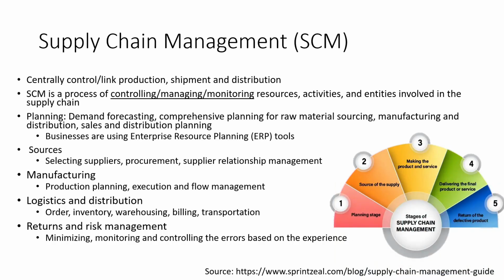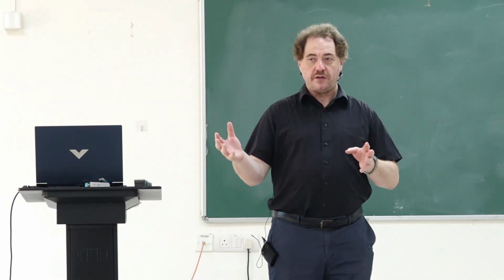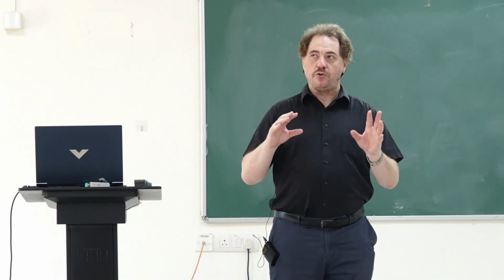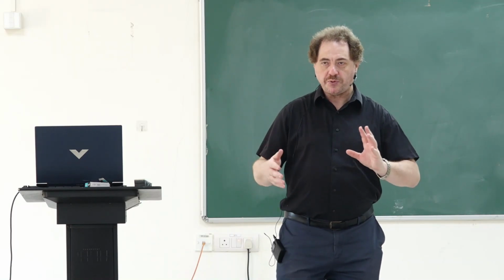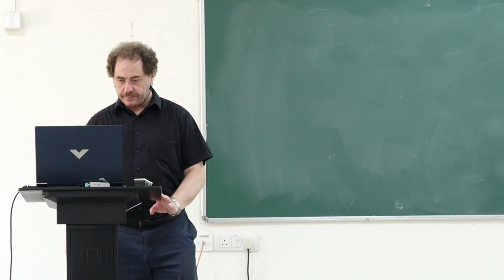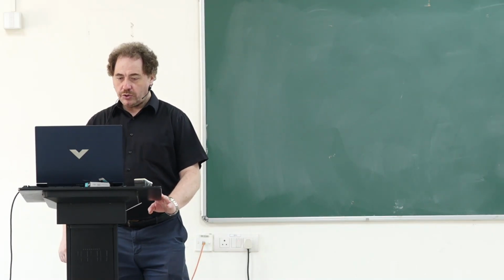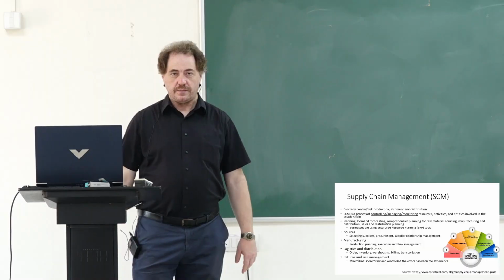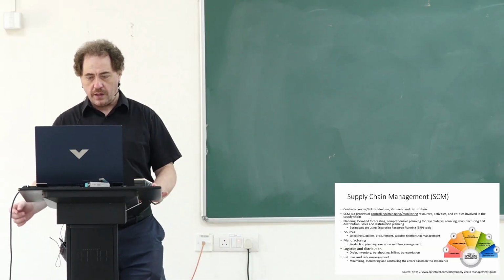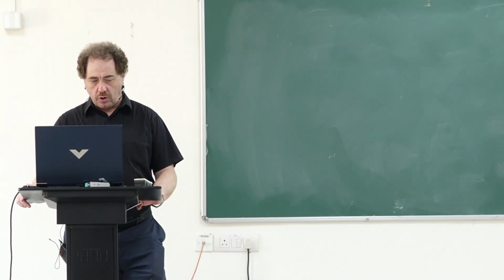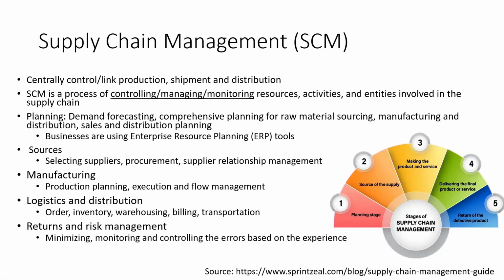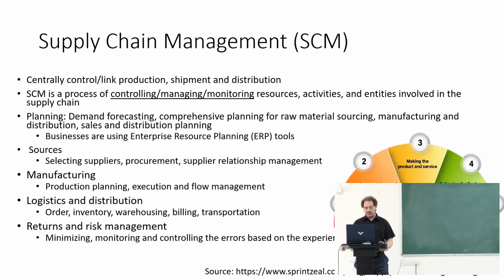And say at the factory where you have many machines, how do you use those machines in an optimal fashion? All those are quite difficult questions. And you also need to forecast the demand and organize the sales and plan the distributions, right? So there are so many different activities all involved in supply chain management.